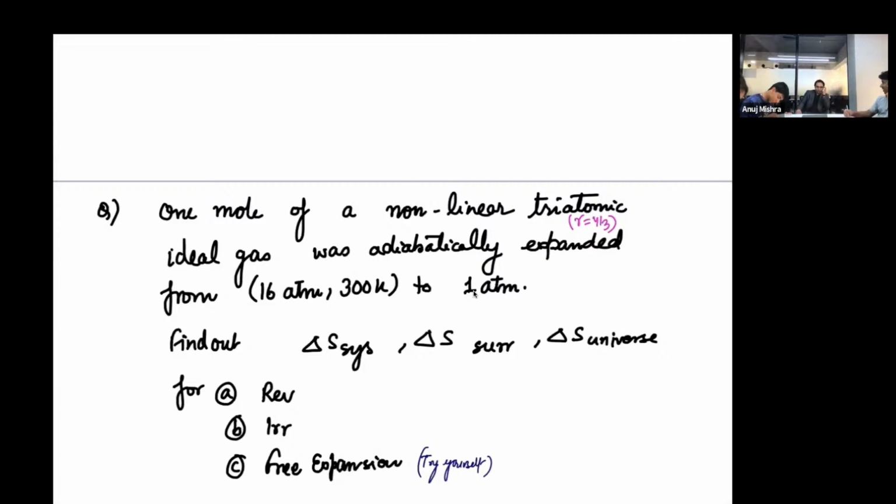For 230, repeat it. Good. This is all you have to do. That's what you're finding: you're finding T2.